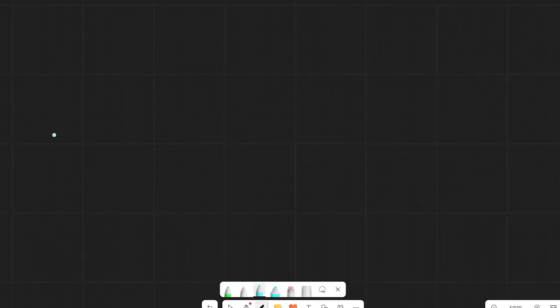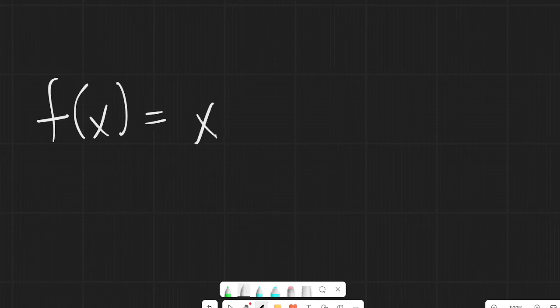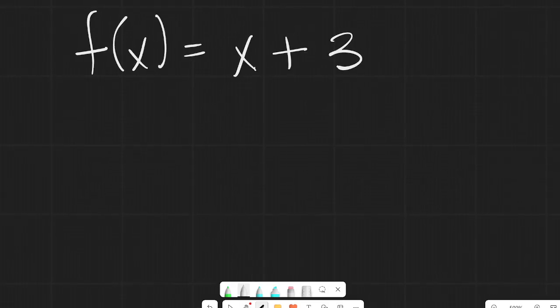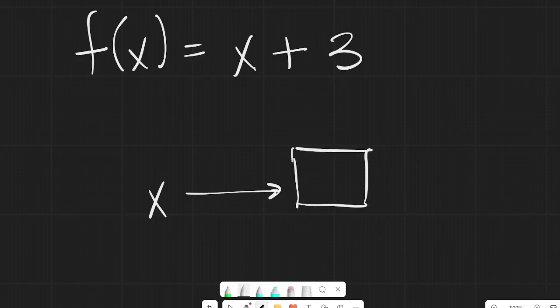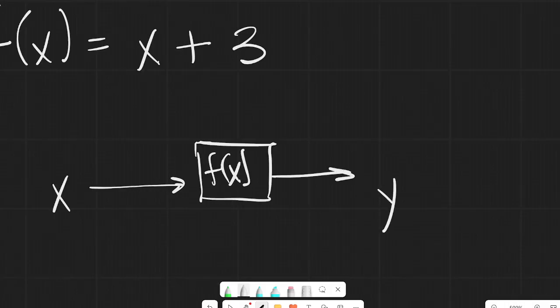A function is a machine. What it does is it takes a set of inputs, otherwise known as x, and it transforms them, resulting in an output y.